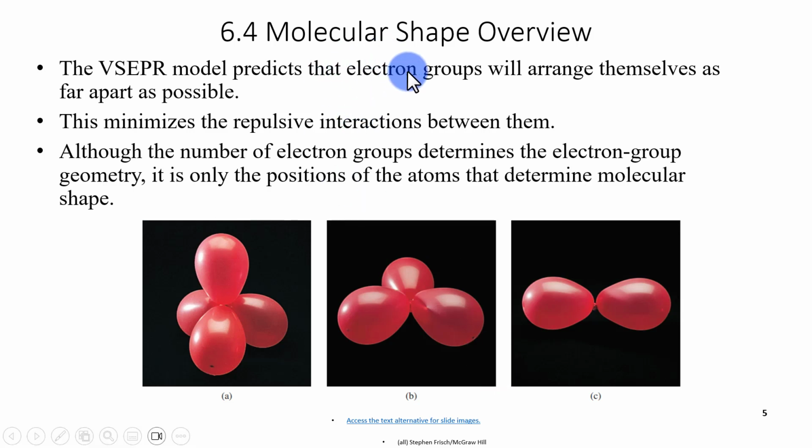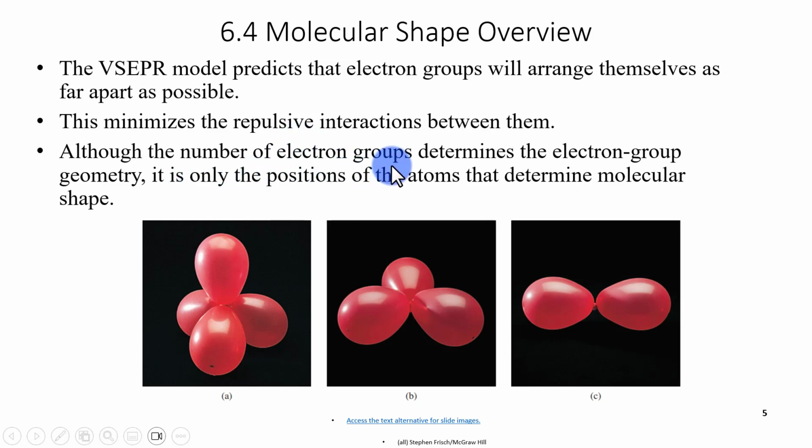So how do we determine the molecular shape based on the VSEPR model? We said that the electron groups will arrange themselves as far away as possible from the other electron groups, because you have repulsive interactions between the electron groups; electrons are negatively charged and they repel each other.